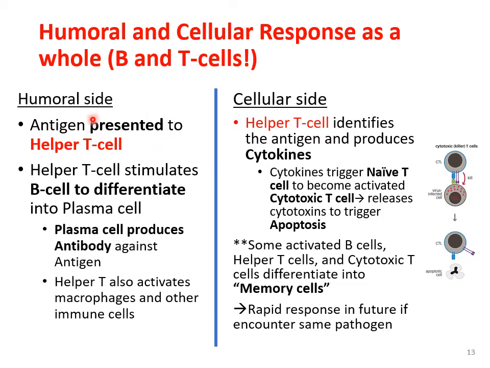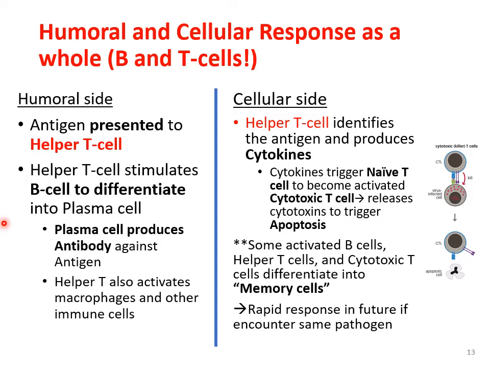Now, your humoral response, we said, focuses on B cells and antibody production. So once the helper T cell knows what microbe it has to target, it then stimulates the differentiation of B cells into what are called plasma cells. And those plasma cells are the type of cells that will then produce antibodies that are specific to the microbe's antigen.